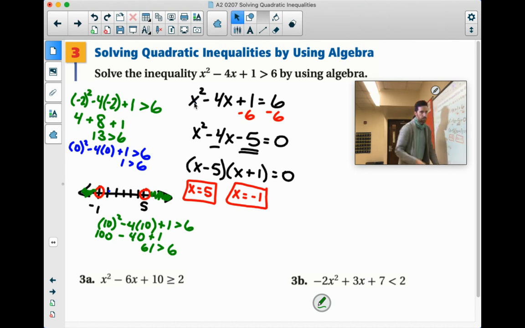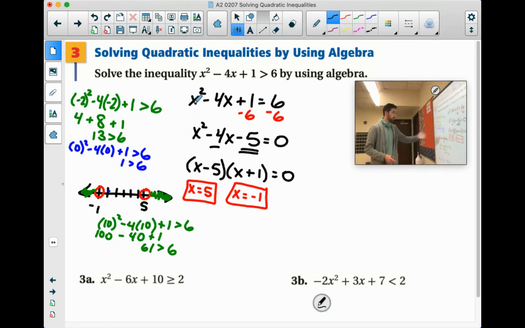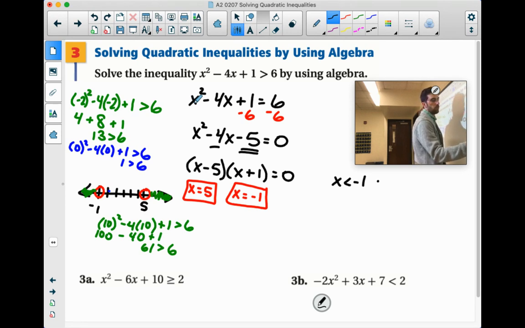So here's how we're going to say that. We're going to say, well, x could be less than negative 1, right? Because that worked. So x can be less than negative 1, or x can be to the right of 5. So x could be greater than 5.